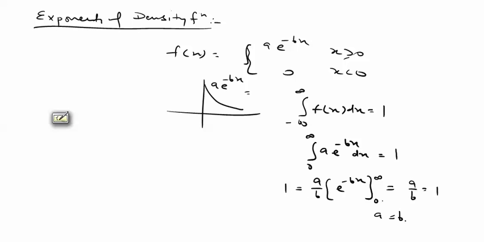A equals b. If a and b are equal, then the exponential density function is a probability density function.